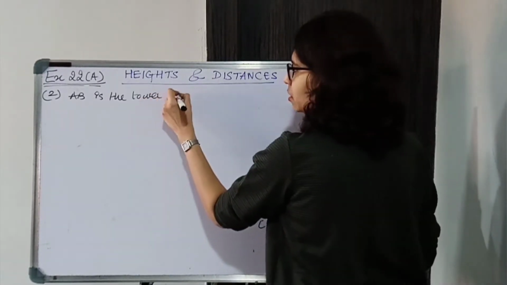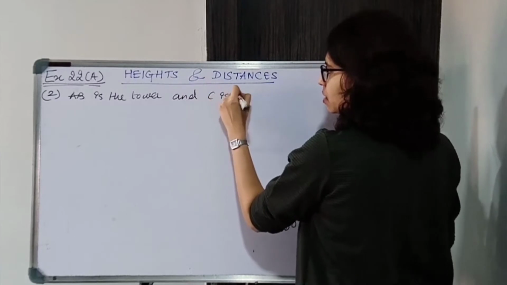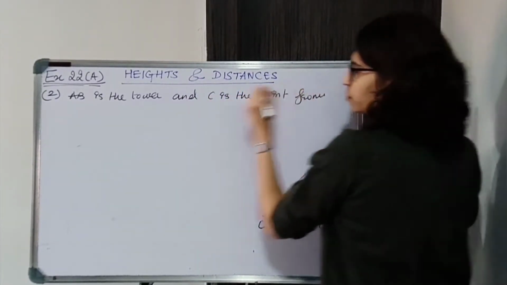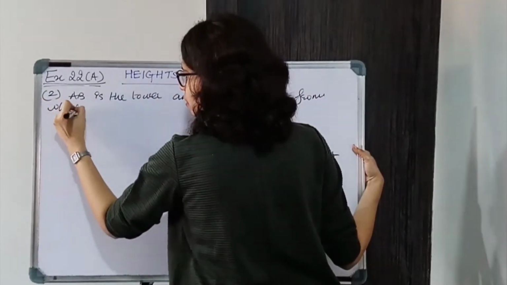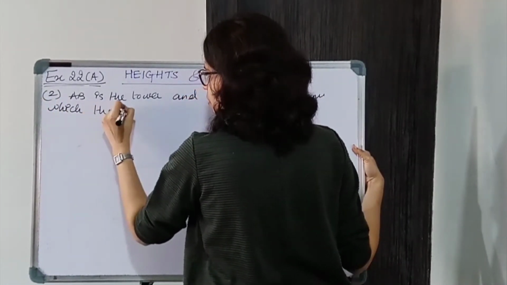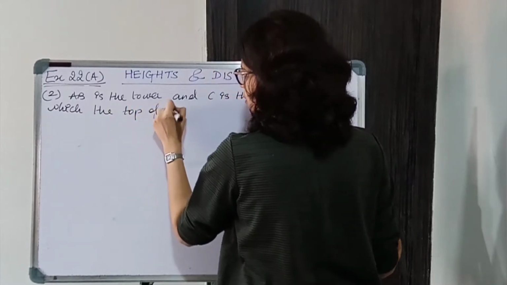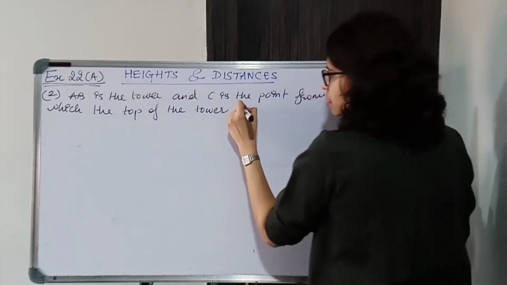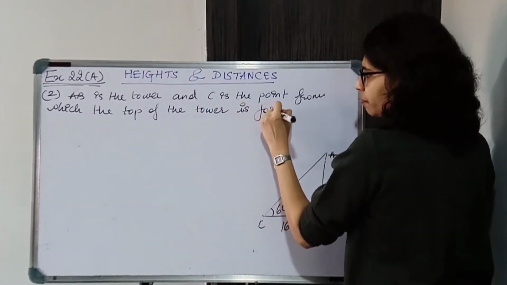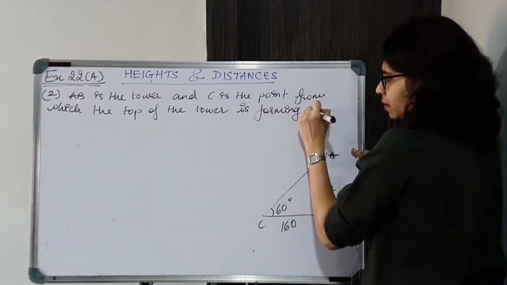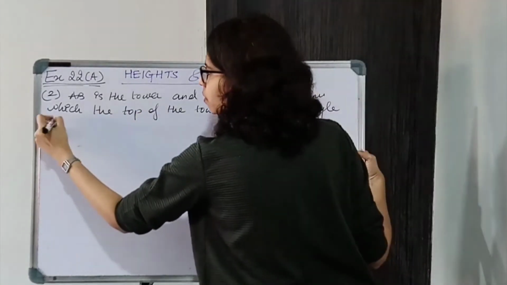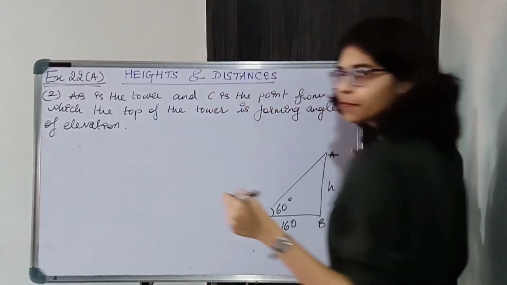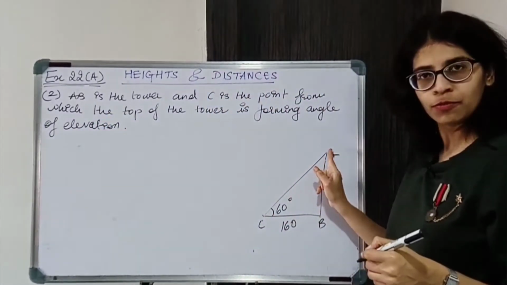So AB is the tower and C is the point from which the top of the tower is forming angle of elevation. Okay, यहाँ से angle of elevation form हो रहा है.